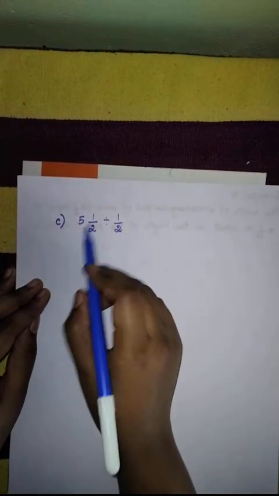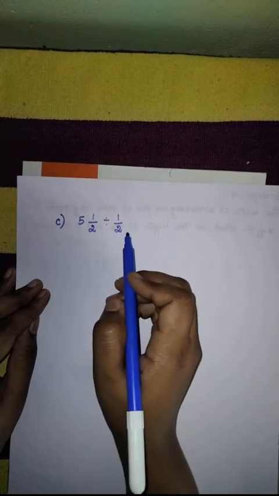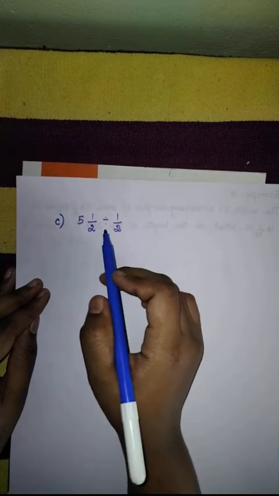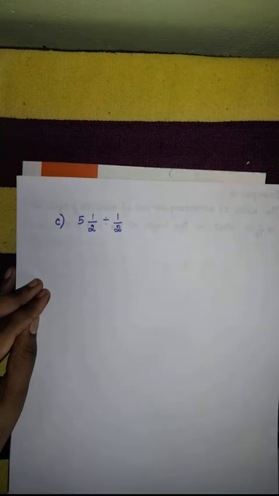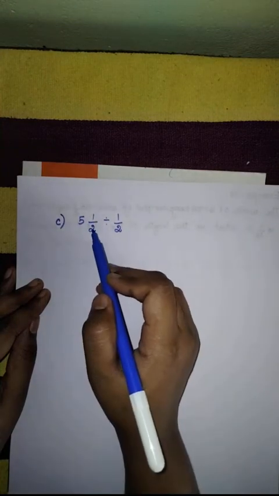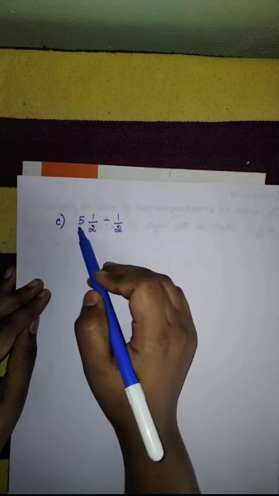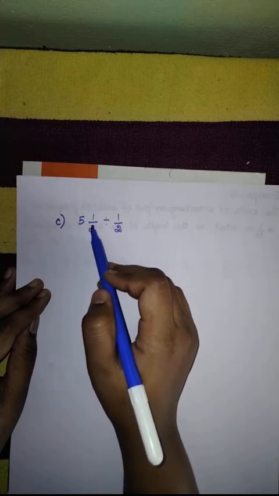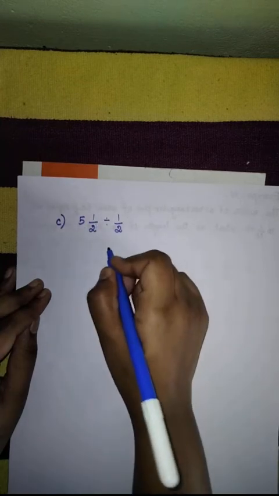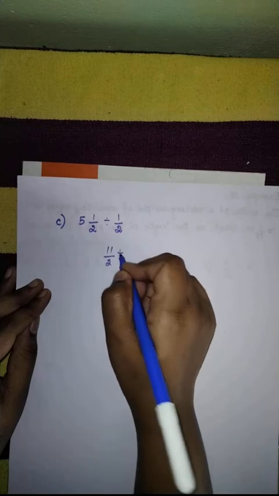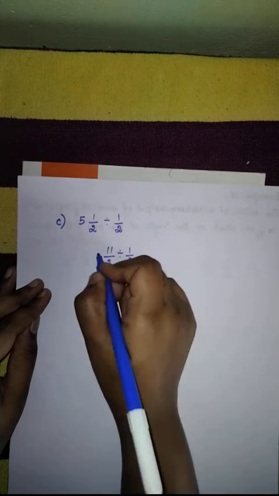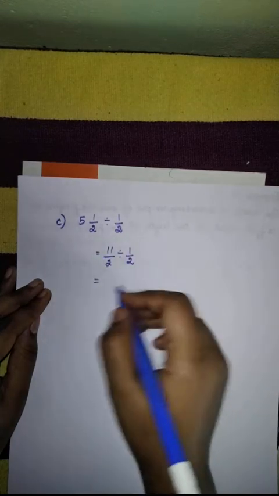Then the third question, 5 1 by 2 divided by 1 by 2. First convert this mixed fraction into an improper fraction. 5 into 2, 5 2s are 10, 10 plus 1, 11. So 11 by 2 divided by 1 by 2. Then follow your steps.